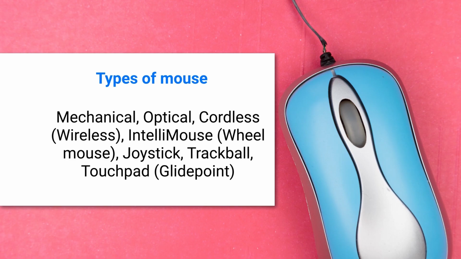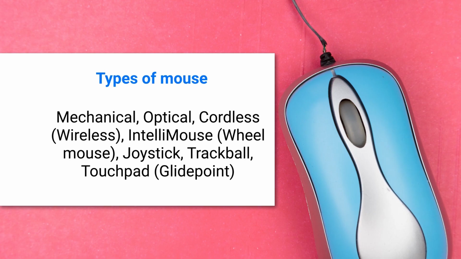Then we have the IntelliMouse, the wheel mouse. We have the joystick, which is very famous amongst game players. They make use of all the up and down movement through that joystick as if it were a lever, and they can perform all the operations that a simple mouse can do. Then we have a trackball, which is generally used on different laptop devices, where a very small tiny ball is there, and its movement defines where we are moving the cursor position.